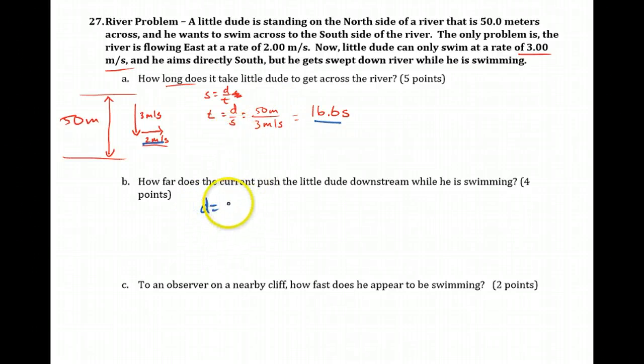Distance is equal to speed times time, which is just this equation, solved for distance. And that's going to mean that it is equal to 2 meters per second times 16.6 seconds. And so our distance is going to equal about 33.3 meters.